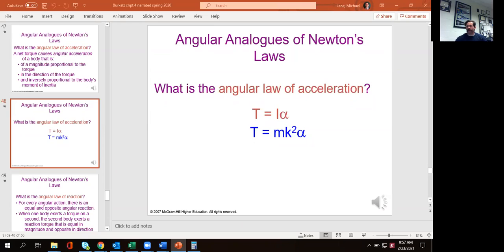So you're pushing a carousel that weighs 100 kilograms and has a radius of 2 meters. How much torque do you need to produce in order to accelerate it from its initial 0 to 30 degrees per second?